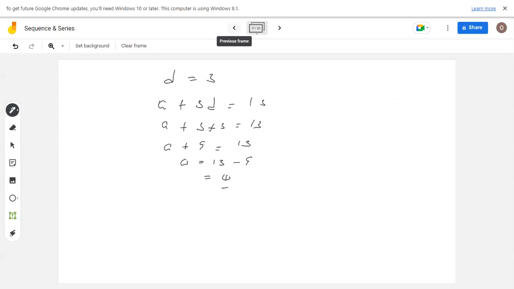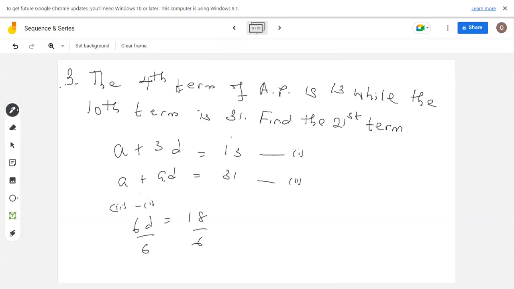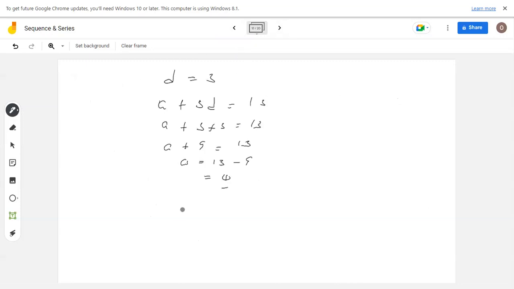And our question tells us we should find the 21st term. The 21st term is A plus 20D. So just substitute for the values of A and D. A is 4, D is 3.